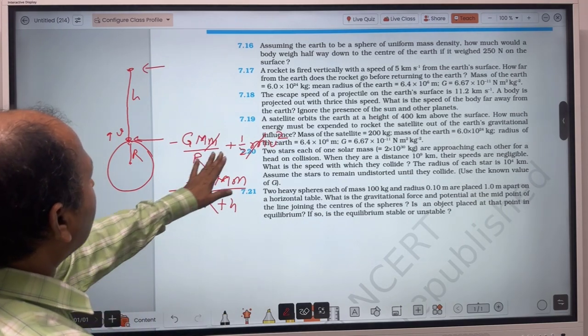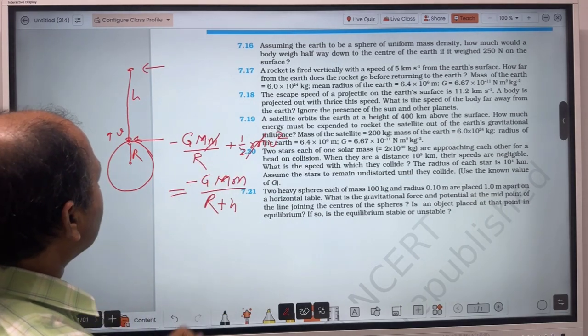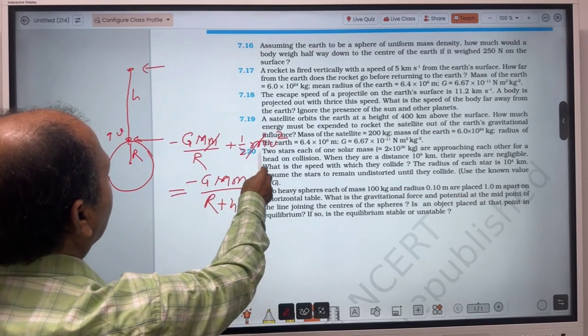Just simplify. The m will get cancelled. Let's write the v square term on the LHS and the other terms on the RHS.